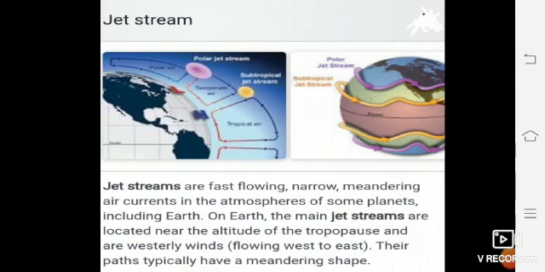The major role of the jet stream is that it brings the western disturbances to India that originate in Europe near the Mediterranean Sea, because the Mediterranean Sea lies approximately at 27 to 30 degree north latitude, and this zone is marked by the presence of the jet stream.